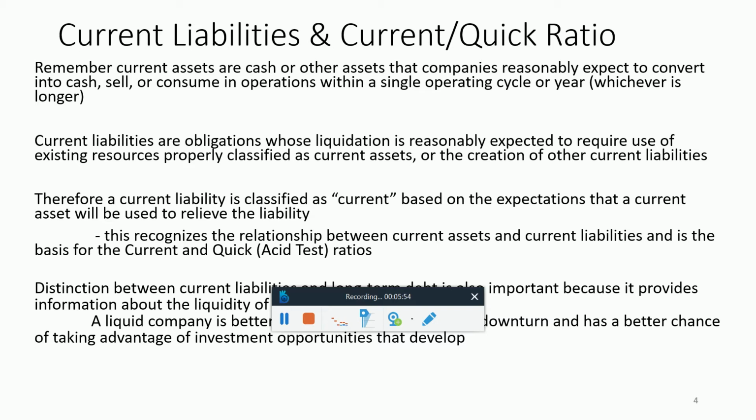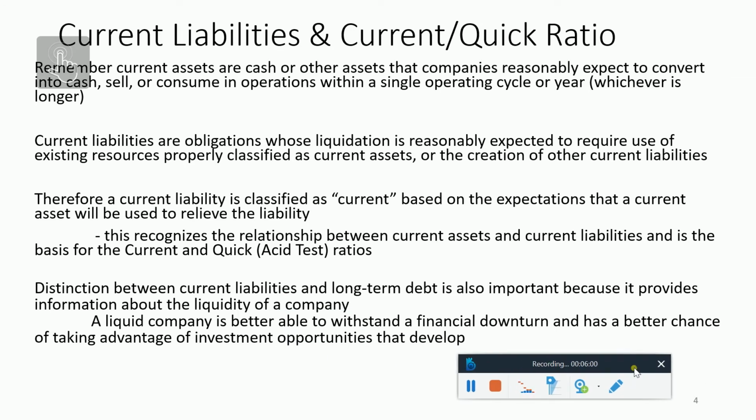It's important to understand the distinction between current liabilities and current assets because it helps us calculate how liquid the company is. It's also important that we be able to distinguish between current liabilities and long-term liabilities, which is primarily long-term debt, because long-term liabilities are not included in the current or quick ratios.